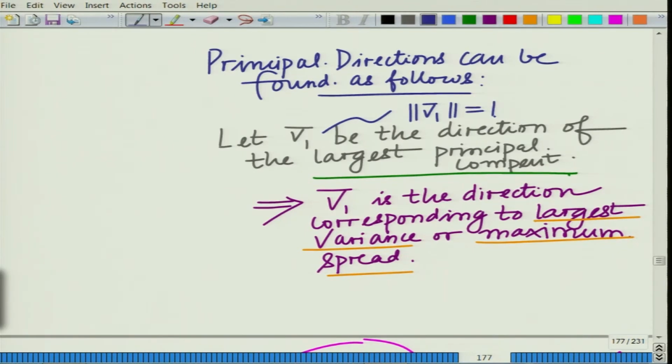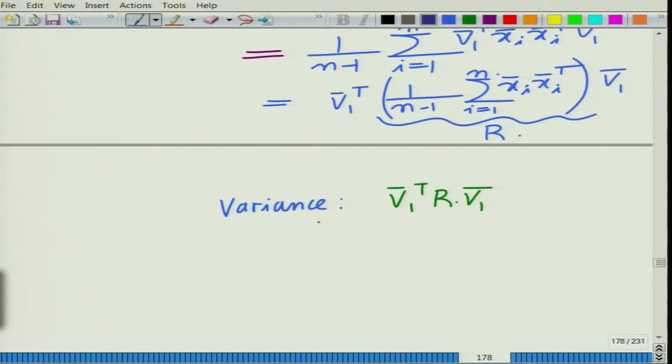Okay, so this is a unit vector, and basically we have the property norm V1 bar equal to 1. This means V1 bar is a unit vector.